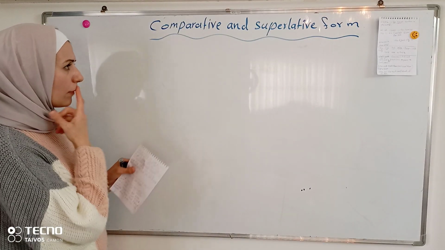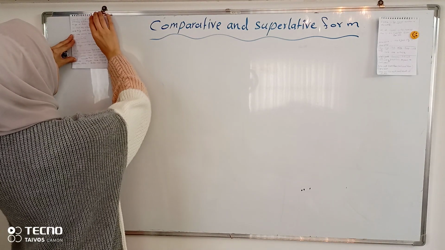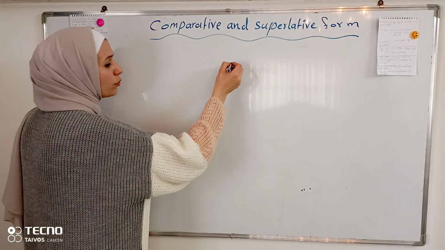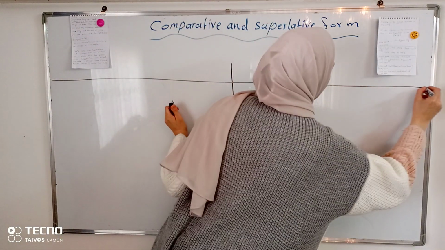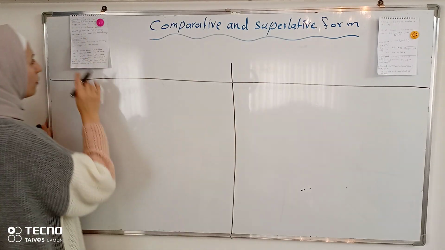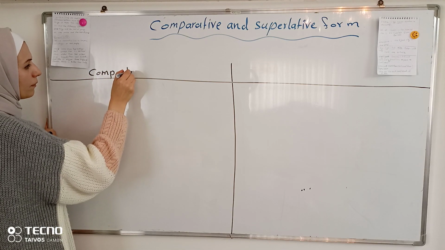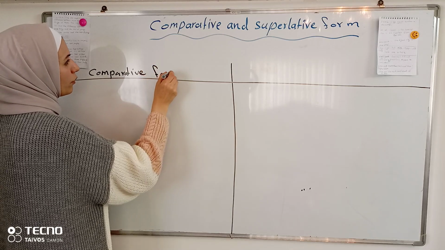Now we are going to take more examples about comparative and superlative form. Now we are going to divide the board into two sections. First section, comparative form.